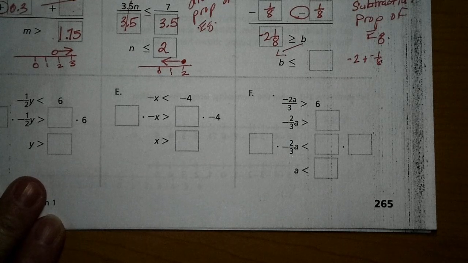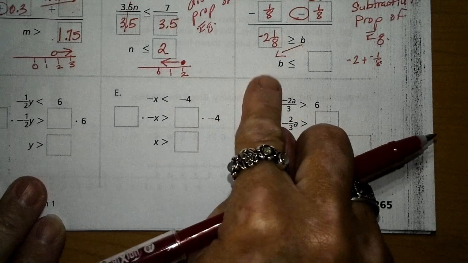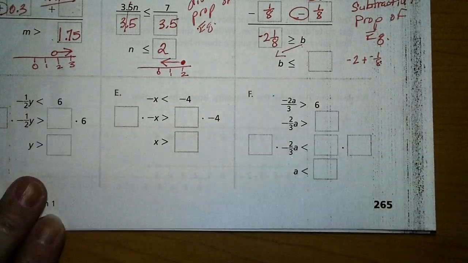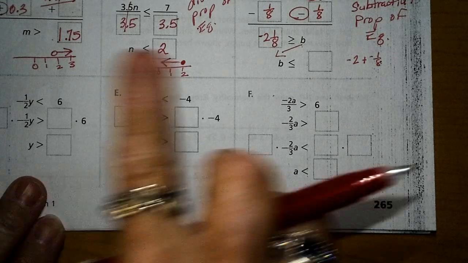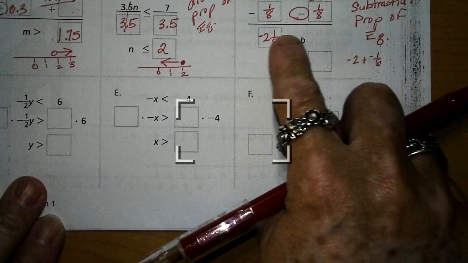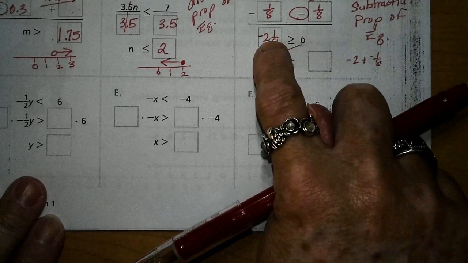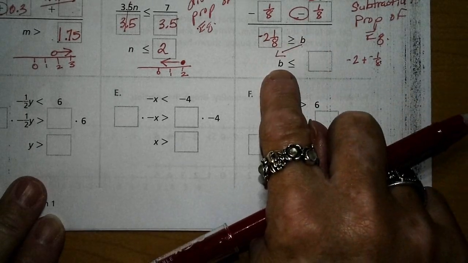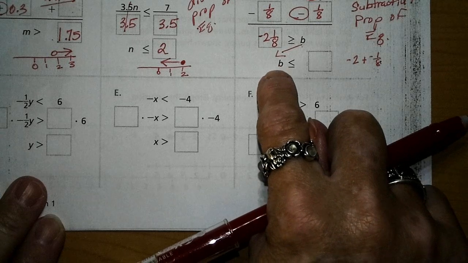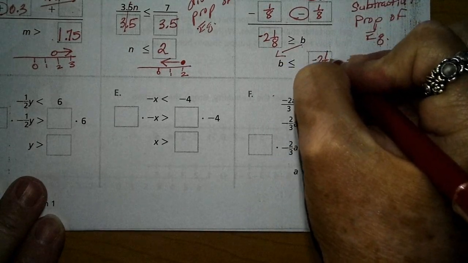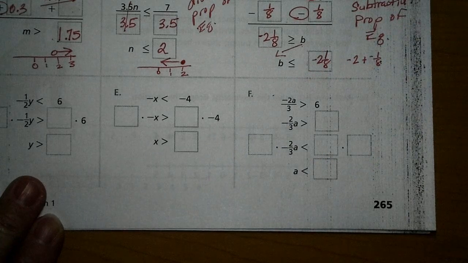Switched it around. Yeah, they switched it around because a lot of times, guys, when we write inequalities, we like the variable to be first. So if I read it this way, it says B is less than or equal to -2 1/8. If I read it the other way, it means the same thing, we just flipped it.